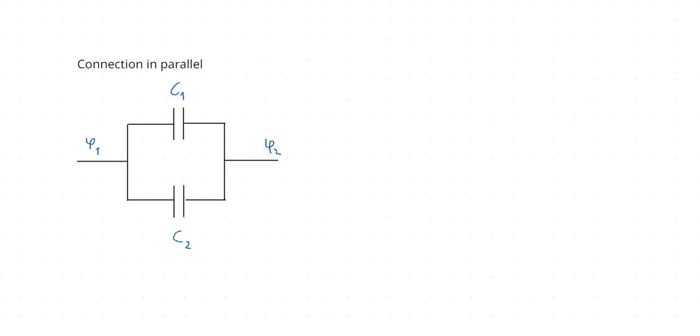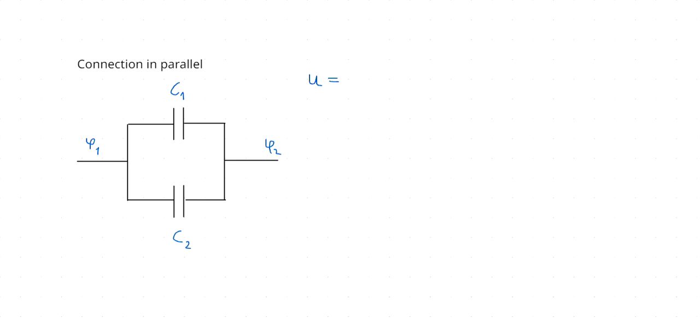It means that the potential difference is U, and often it is written as V, because potential difference and voltage is the same thing.